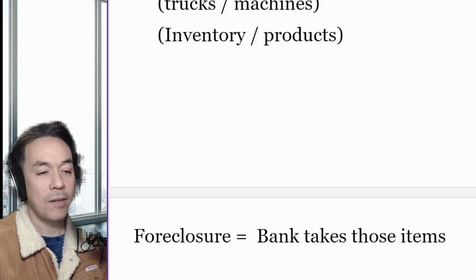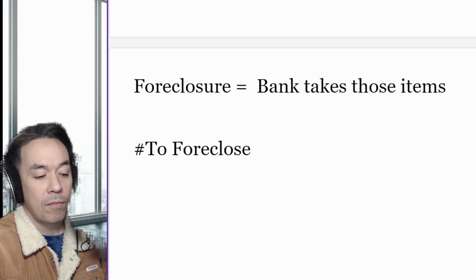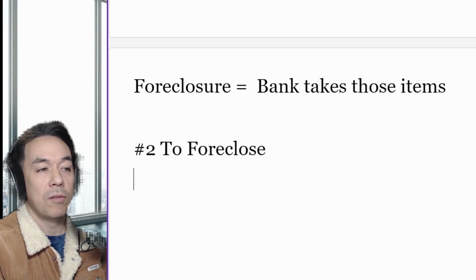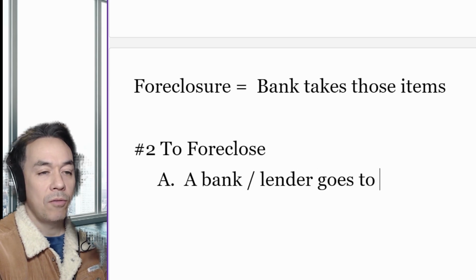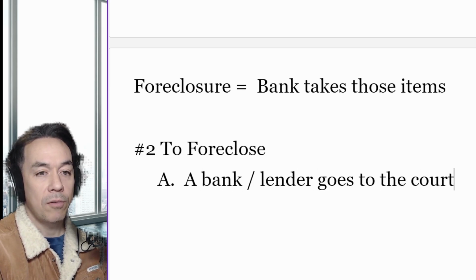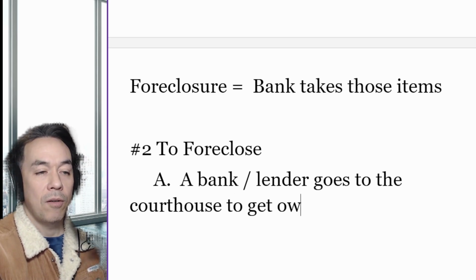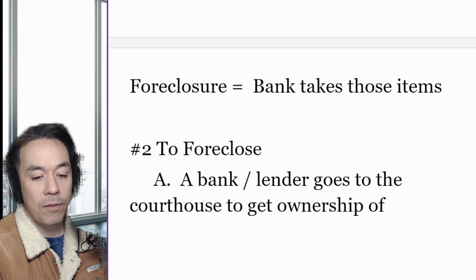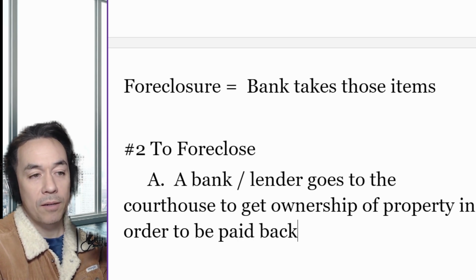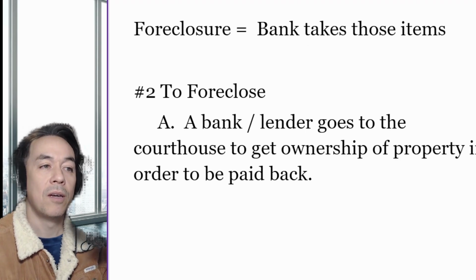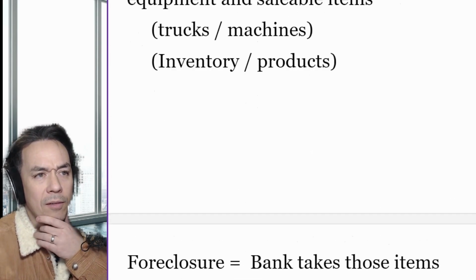All right, so maybe this will be the second word. Number 2, to foreclose. This is, what's that? A bank or lender goes to the courthouse or legally requests to get ownership of property in order to be paid back, right? So that's the most common one. But wait, let's see.